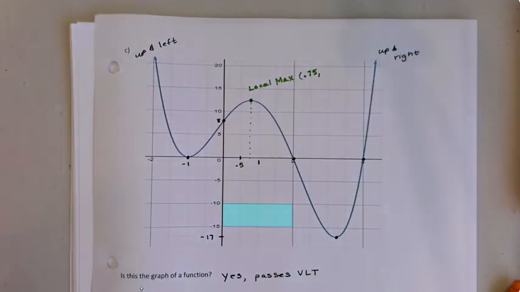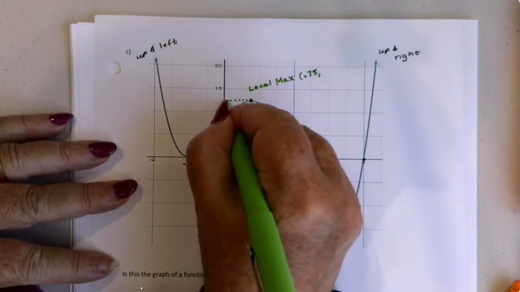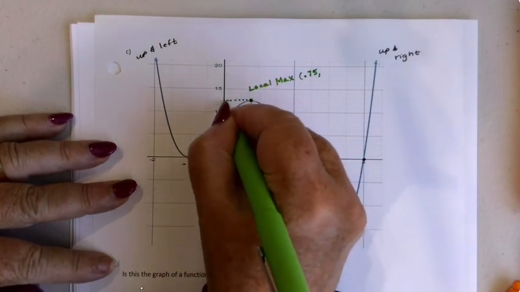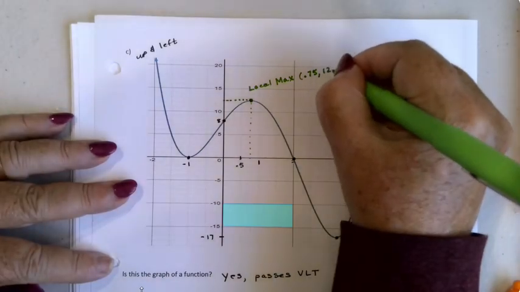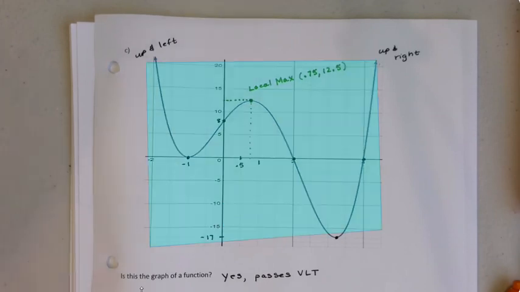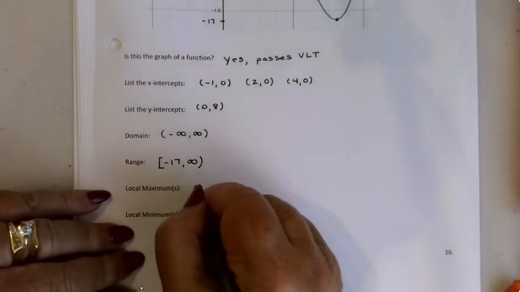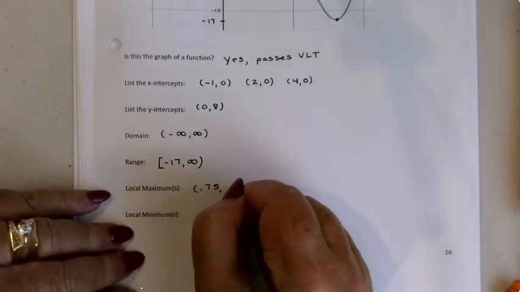And in terms of the y value, 10, 11, between 12 and 13, I'm going to call that 12.5. If you're not given a graph accurate enough to know exactly, or if the points aren't exactly on the grid, you may have to do a little estimating, and that's okay. Now that's my only local maximum. I don't see any other points that represent the top of the hill. So my local max is just (0.75, 12.5).